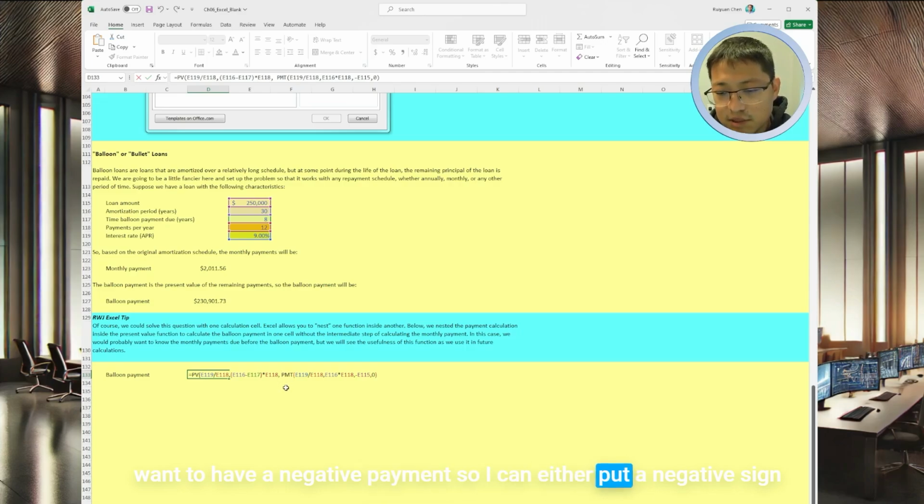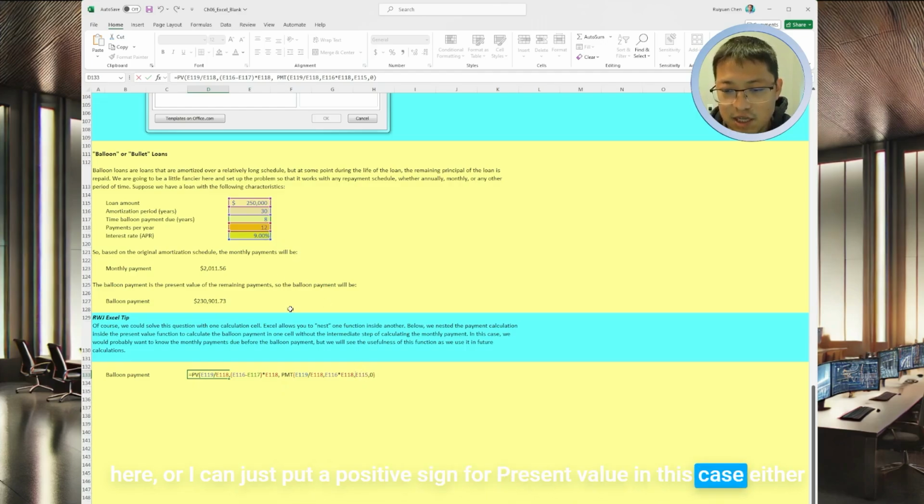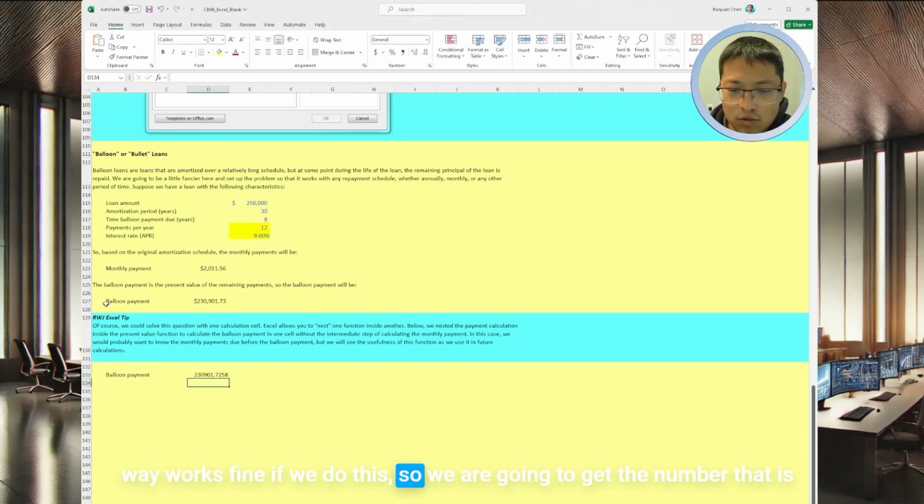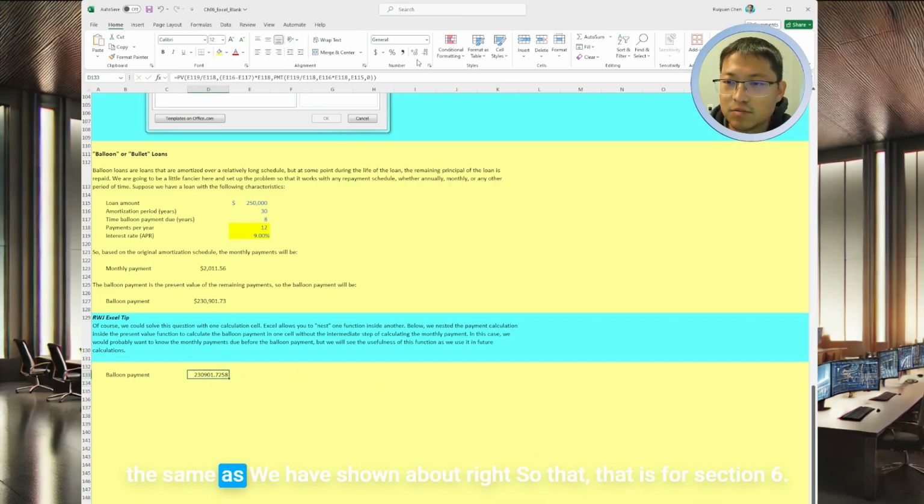So I can either put a negative sign here, or I can just put a positive sign for present value in this case. Either way works fine. If we do this, we are going to get the same number as we have shown above. So that is for section 6.4.